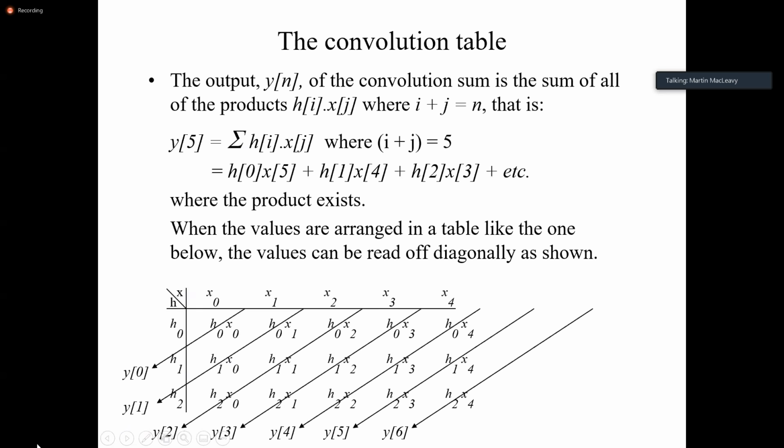So your output would be, for example, h of 0, the 0th value of your h, multiplied by the 0th value of the input. This is going to take all your sample values and what they're multiplied by in the system, and then you're going to add them up.